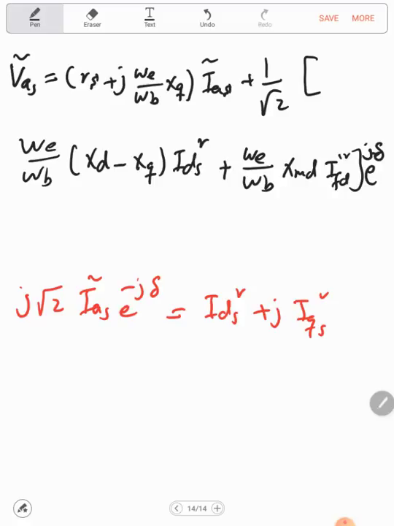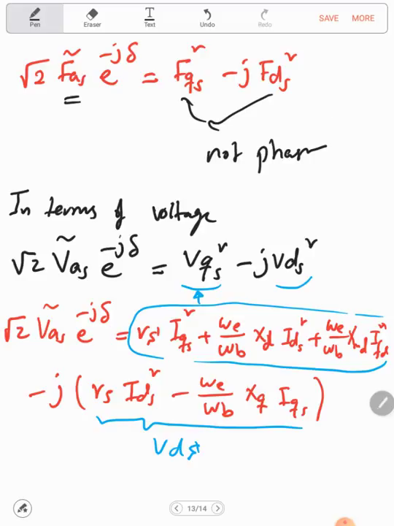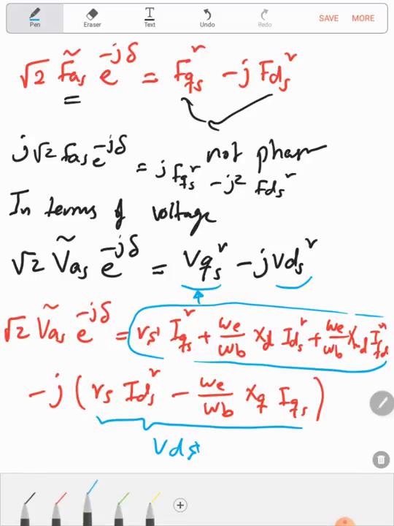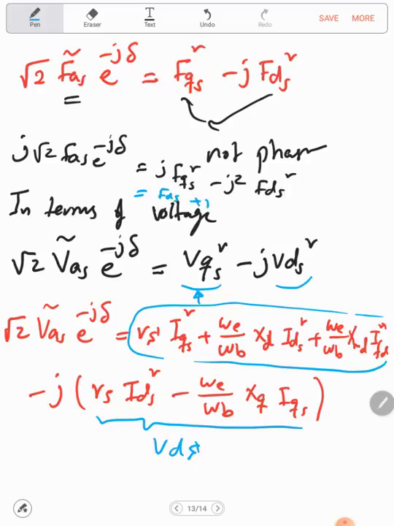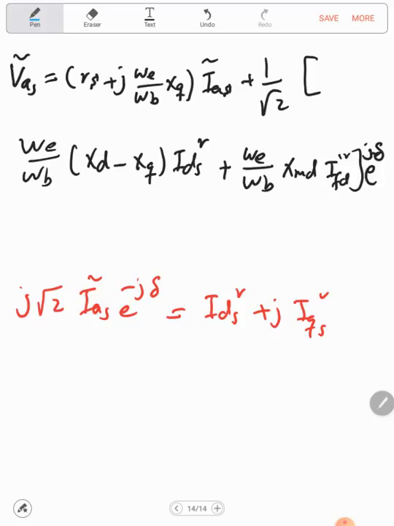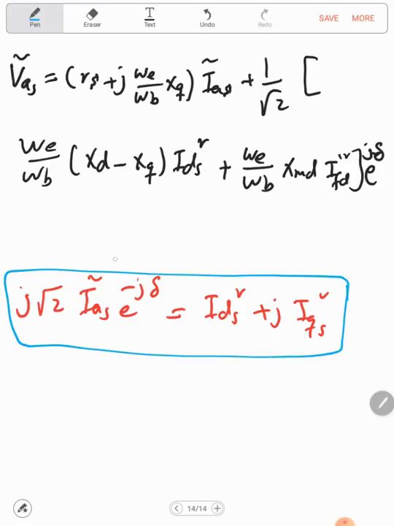Now simply this one we know from this relation here. If we multiply by j, we can say that this should be j square root of 2 FAS exponential of minus j delta will equal j FQSR minus j square FDSR. So now this will equal FDS plus j FQS, and this is the relation that we also use here.